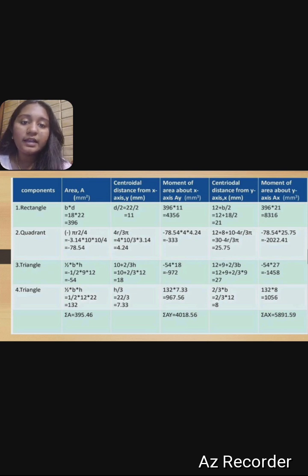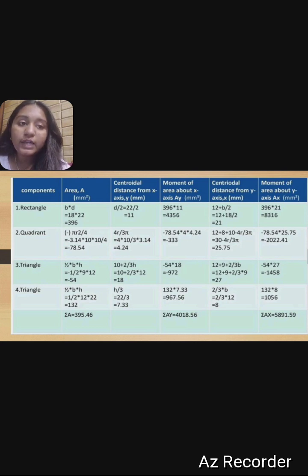Last but not the least, the moment of area about the y-axis, that is A into x. That is 396 into 21, which gives you 8316 for the rectangle. For the quadrant, it is minus 78.54 into 25.75, that is minus 2022.41.